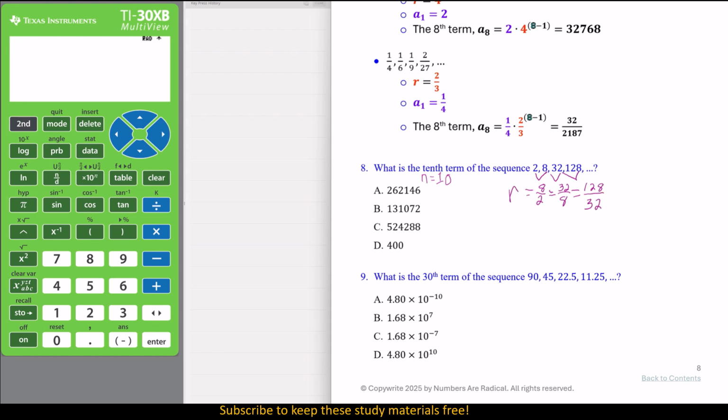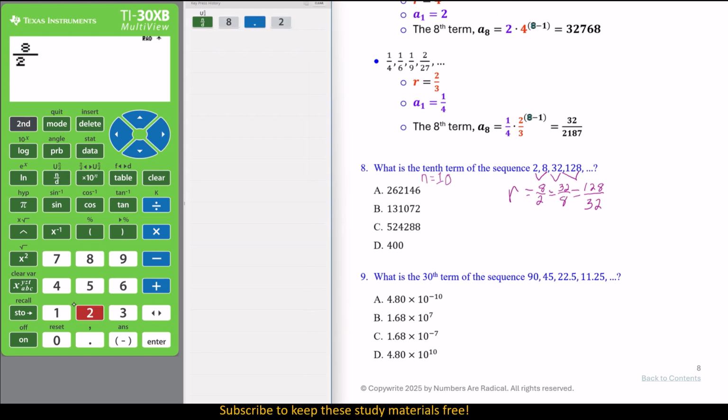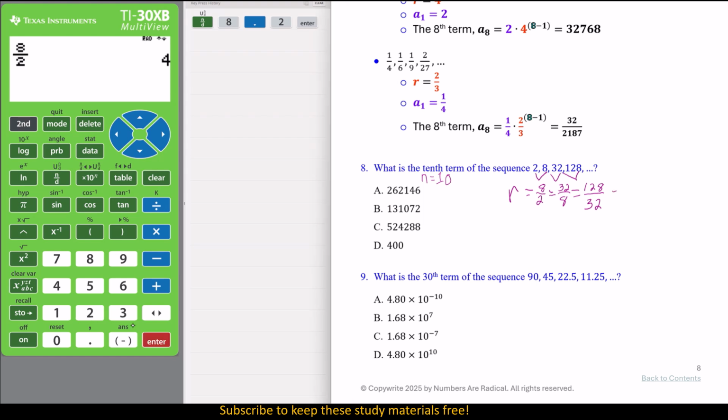And these should all equal the same thing. So let's look at our calculator. 8 over 2. And I know you can see that that's 4. Well, then that means every single one of these, even if the sequence went on forever, every time we did this, next term divided by the prior term, it should all be equal to 4.